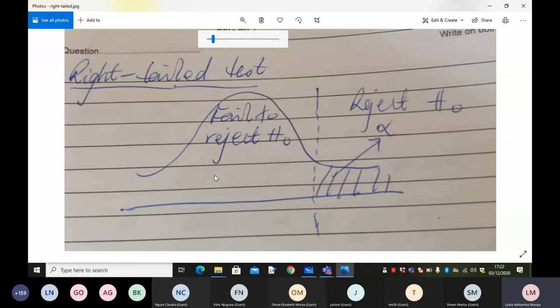So depending on the value that we get from the test statistic that we shall have calculated, then we will know whether to reject H naught or whether we will fail to reject H naught.